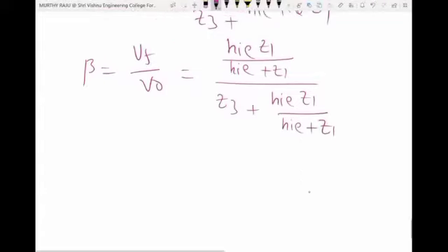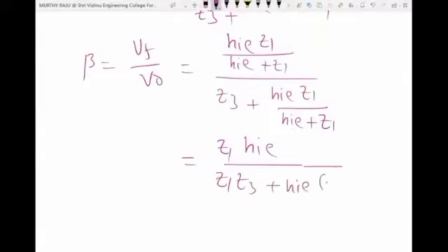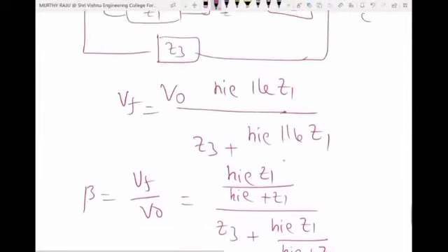After simplification, the beta value is Z1 HIE; this HIE plus Z1 cancels. Therefore, Z1 HIE by Z1 Z3 plus HIE, Z1 plus Z3. This is the beta value.